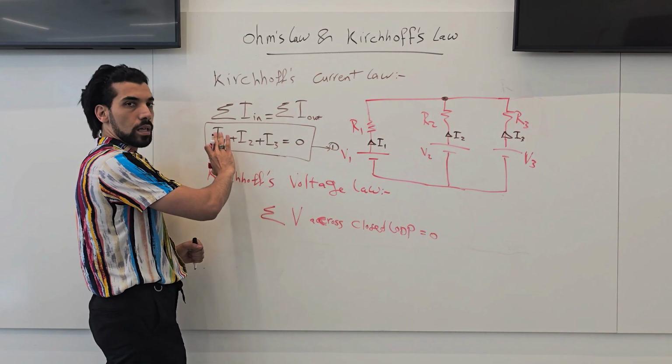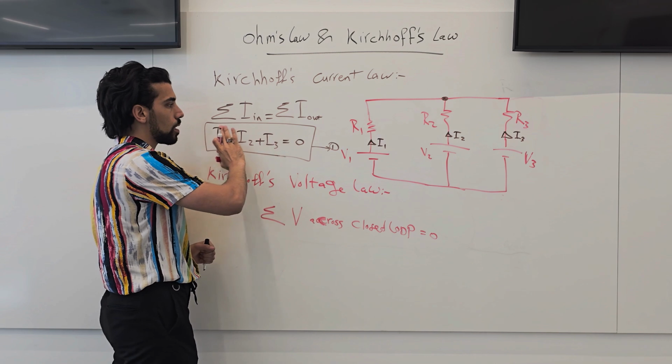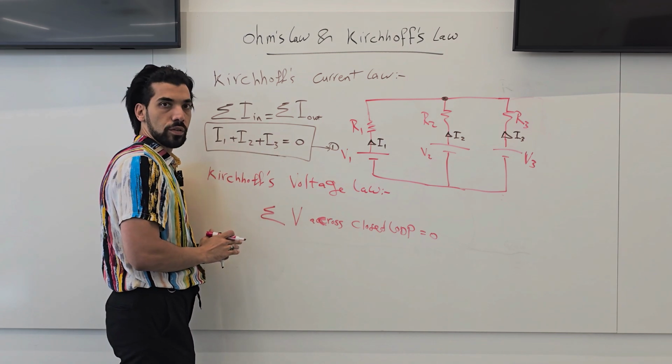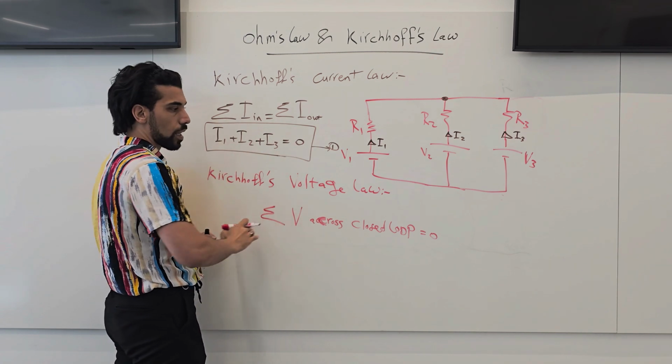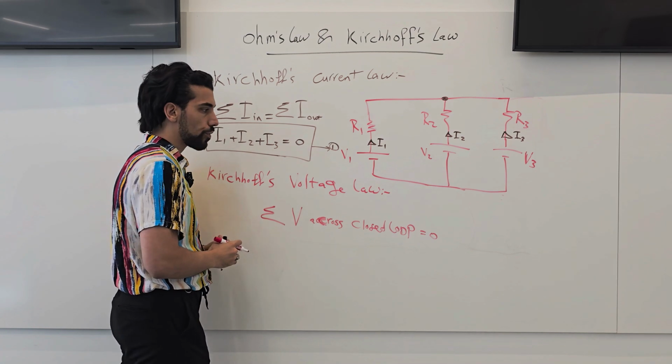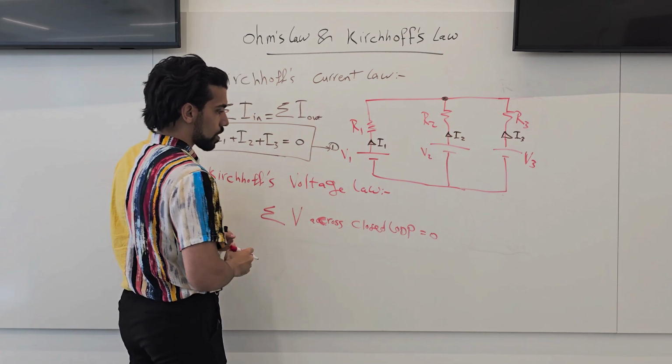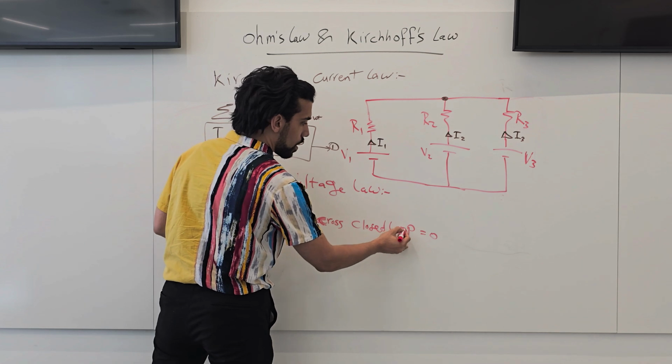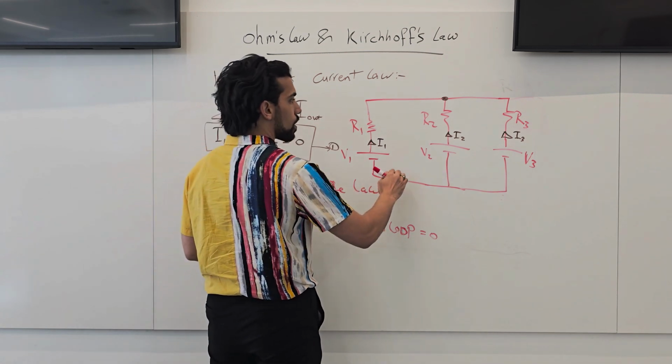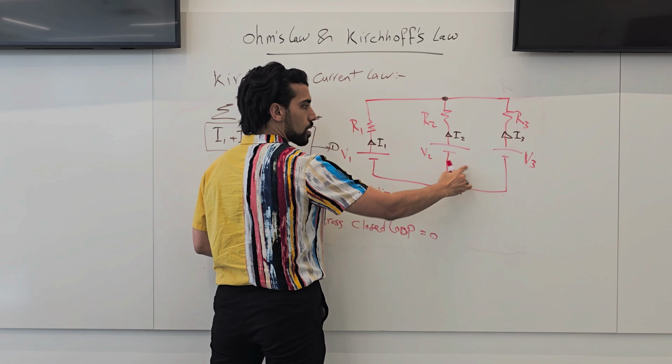The current law relies on the conservation of charge, and this one relies on the conservation of energy. Here, let's assume that we have two independent loops, this one and this one.